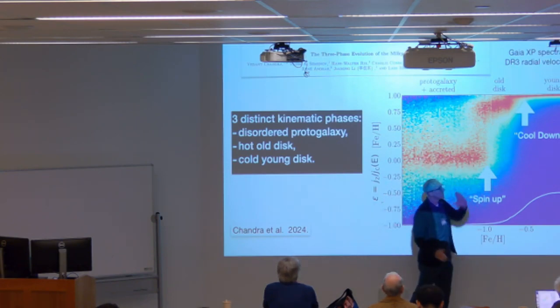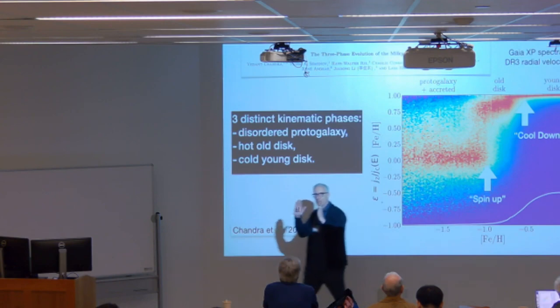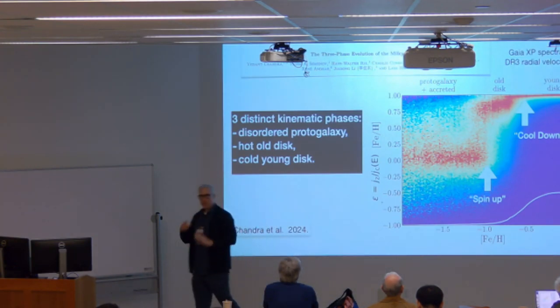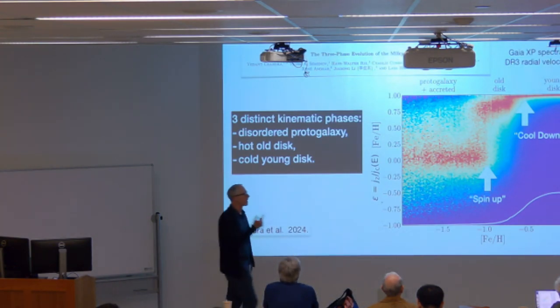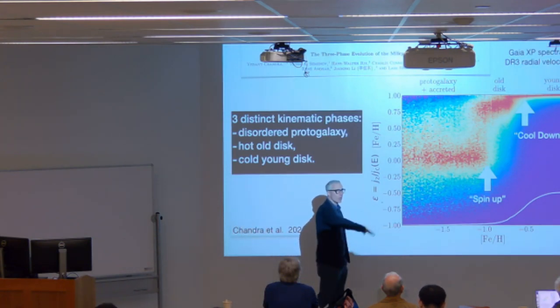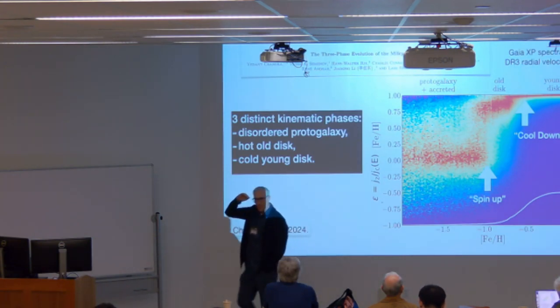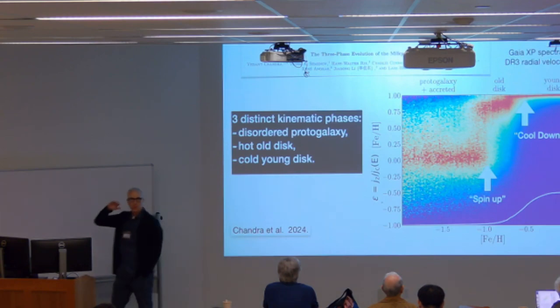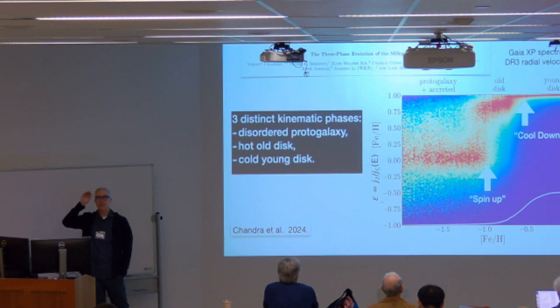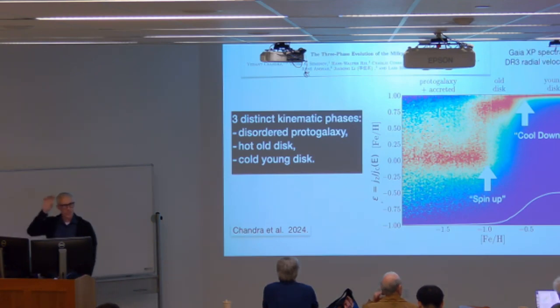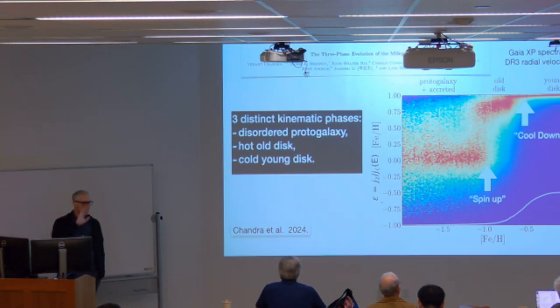And then there's this period of time where you have the thick disk. So it's not perfectly circular orbits, but it's clearly co-rotating. And then there's this period where it just snaps to 1, where it's this thin disk phase. So you have this early chaotic phase, you have a spin-up time, and then at some point this thin disk phase snaps into being. Really, it's distinct phases and not gradual, which is interesting.